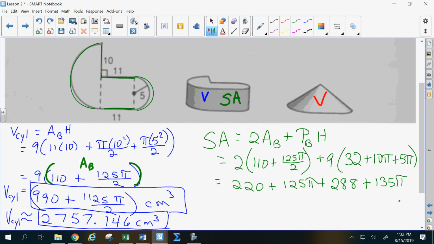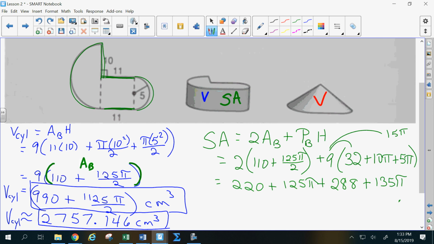Did I get that right? 15 pi, and I'm distributing the 9. The 32 came from 11 plus 11 plus 10. I find it helpful to draw a quick sketch and highlight, have I used all the pieces to make sure I got all the parts in there?